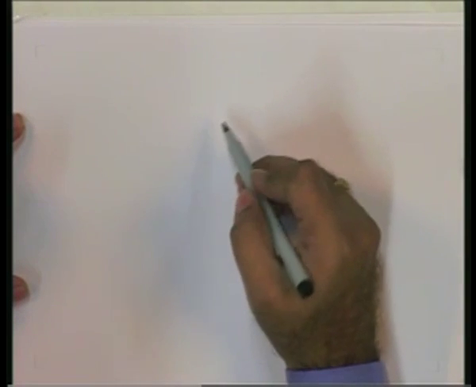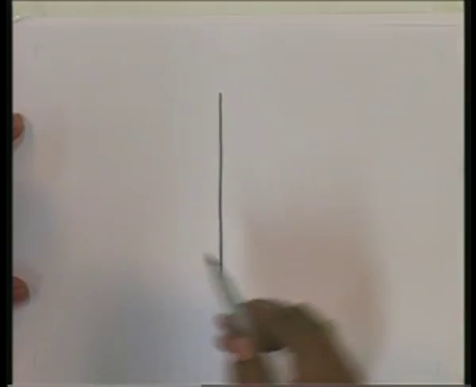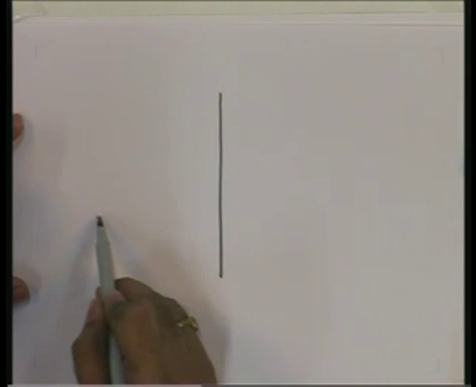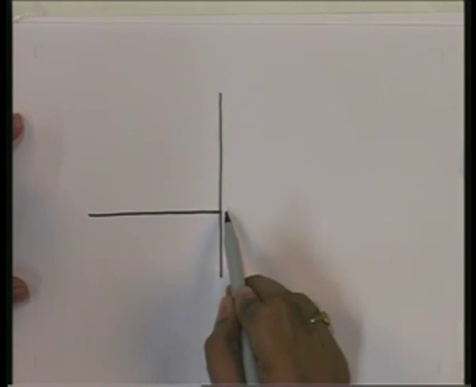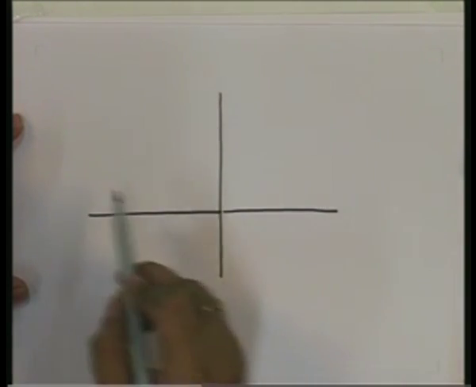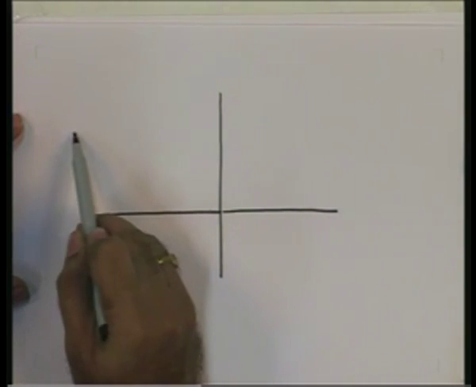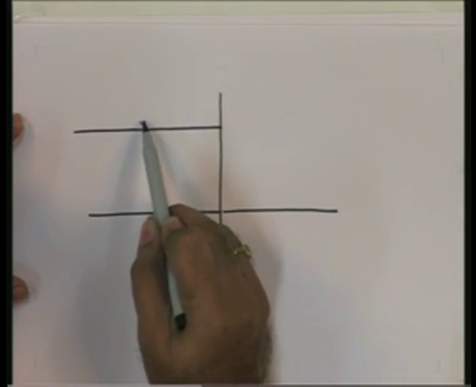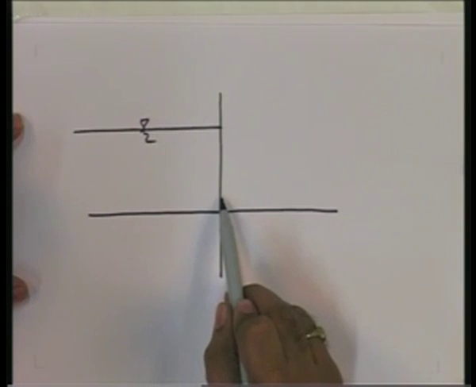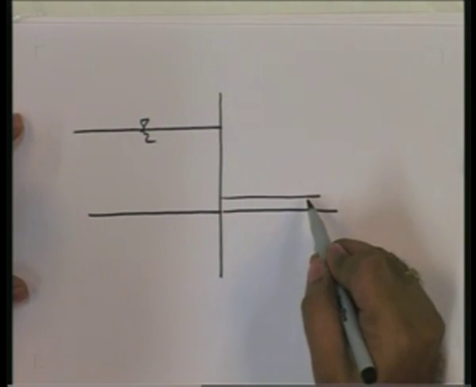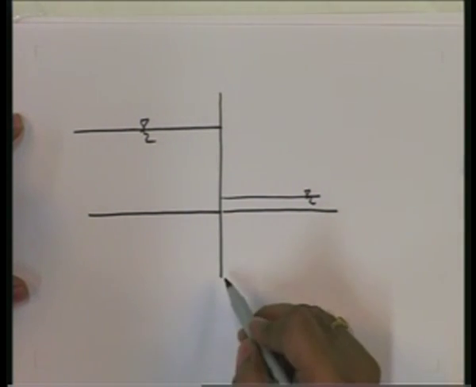Suppose you have a sheet pile wall which has inadequate embedded depth. This is the upstream water level, and this is the downstream water level.